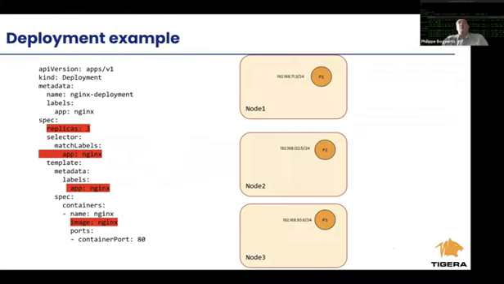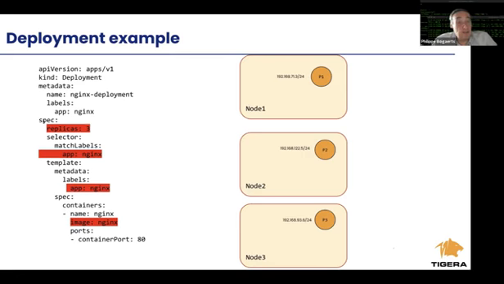Now, if we want to start out, we have to look at how you actually deploy something, because that's the key reason why this label system works and why it is so flexible. I'm using a very small deployment here. As you can see, it's a deployment.